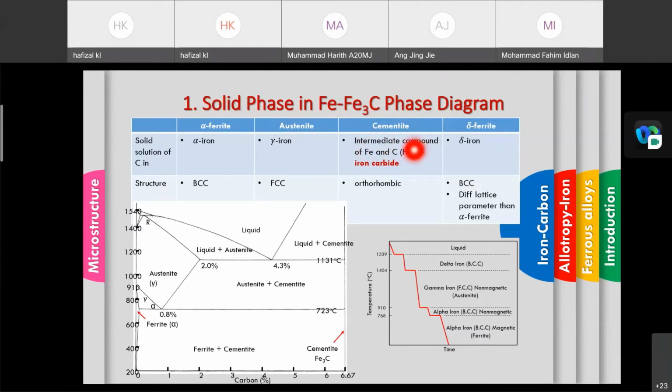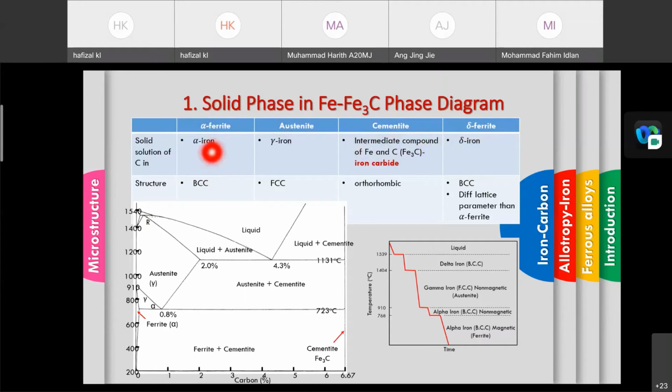Okay, this one they call iron carbide. So we have the phase transformation of the alpha ferrite, gamma ferrite, which is austenite, and then we have cementite and also the delta ferrite here.